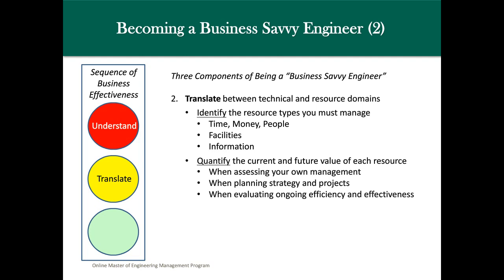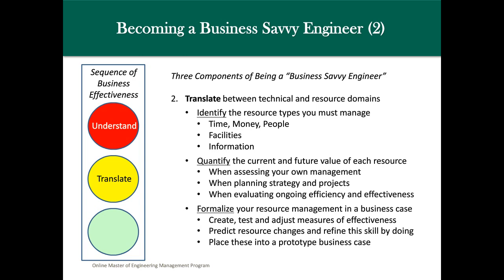And so a third step in this would be to formalize your own resource management, regardless of the efforts that you're on. Add a dimension in a business case. And what I mean by that is not necessarily a big, formal, whopping business case that you can plunk down on someone's desk, but rather to learn the habit of creating, testing, and adjusting measures of effectiveness and predicting resource changes.